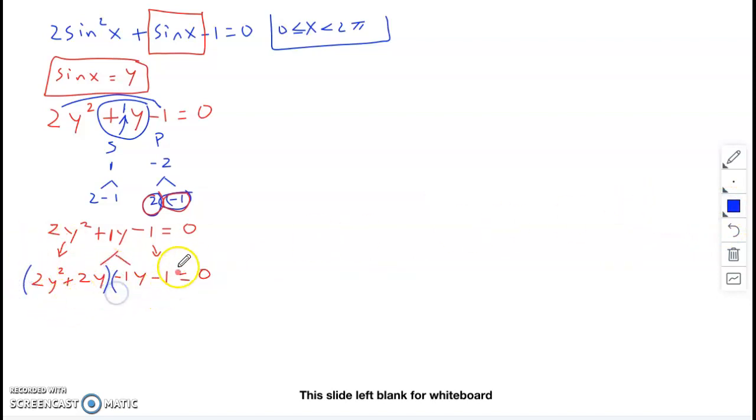First 2, last 2. On each parenthesis, I'm going to use greatest common factor. My common factor between the 2y squared and 2y is going to be 2y. Open parenthesis, 2y squared divided by 2y is y, plus 2y divided by 2y is 1.